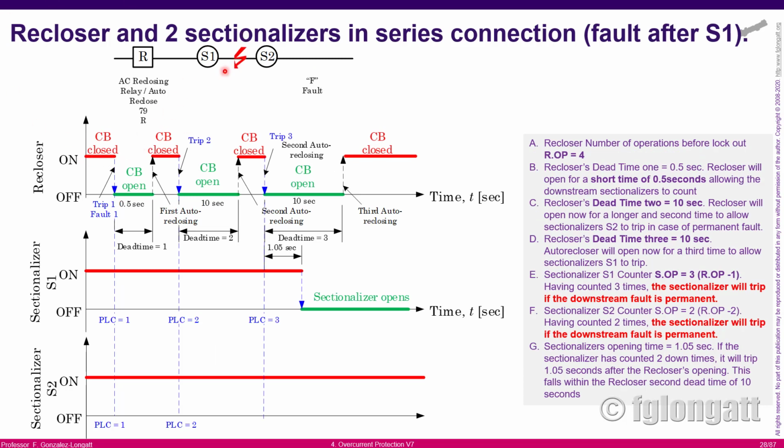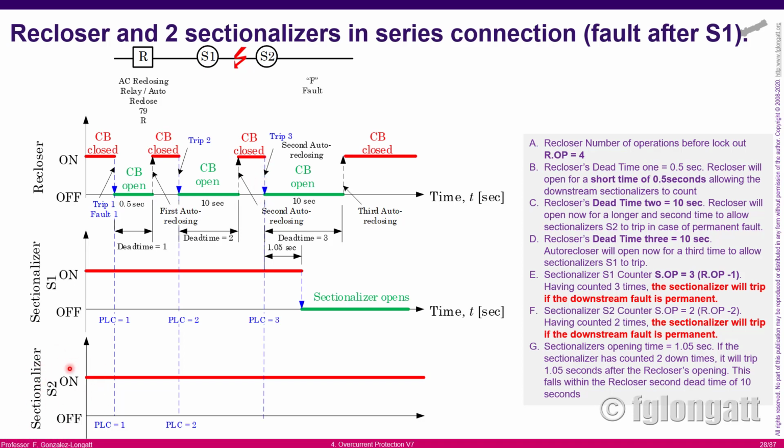Again, there is a fault, but now the fault is located between 2 sectionalizers. The recloser opens, tries to close using a faster reclose, there is a fault, and the recloser opens, okay? When the recloser opens, it waits for the long delay, 10 seconds, then tries to close again, and when the recloser closes the contacts, again there is a fault.